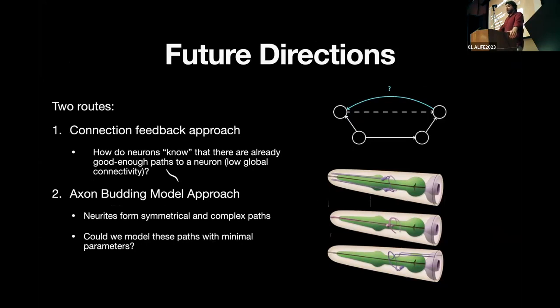And second, another approach that we're interested in pursuing is an axon budding model approach, where because neurites form symmetrical and complex paths, can we try to predict how the axon budding occurs and put it into a model? There's previous work that Randy Beer had done on it that I'm particularly interested in moving forward.